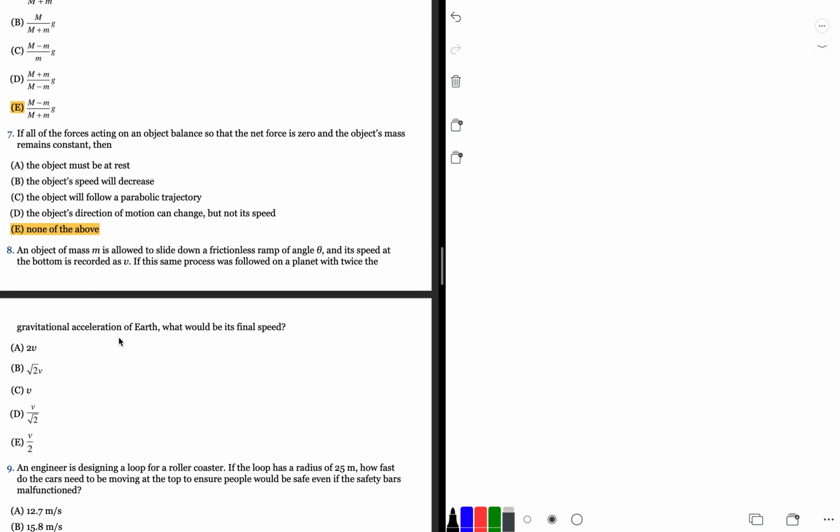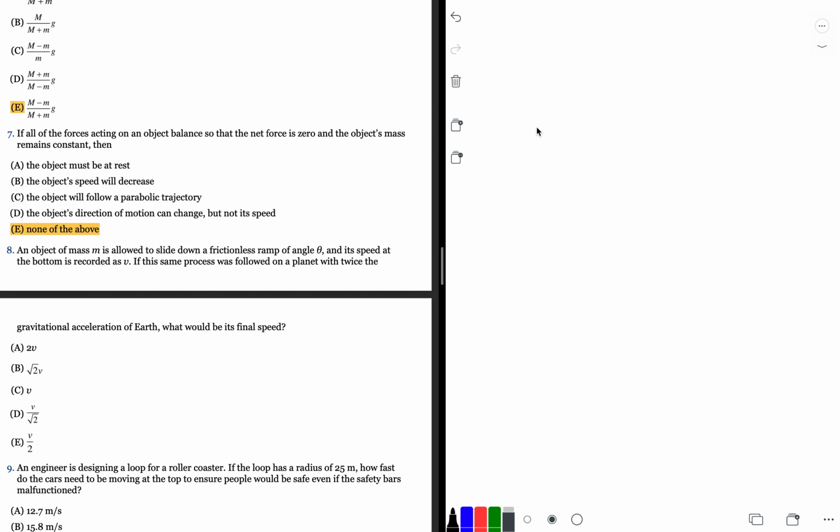Well, using logic, we can eliminate D and E, and C actually, because we know that the velocity on this planet with twice the gravitational acceleration is going to be greater than the velocity on Earth.